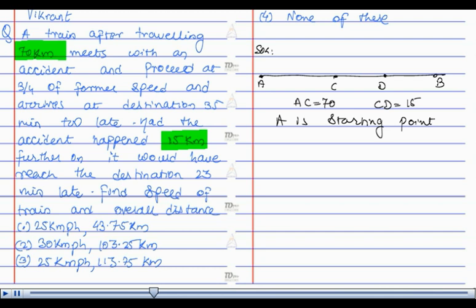Now traveling at 3 by 4 of its original speed means the arrival would be 4 by 3 of the usual time.